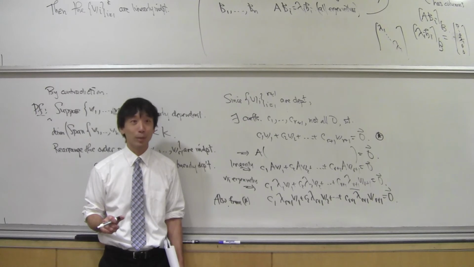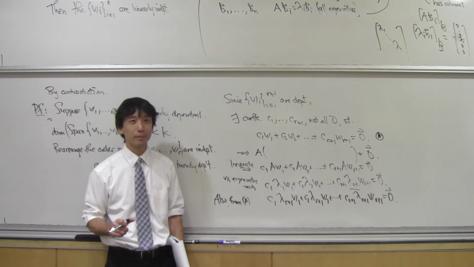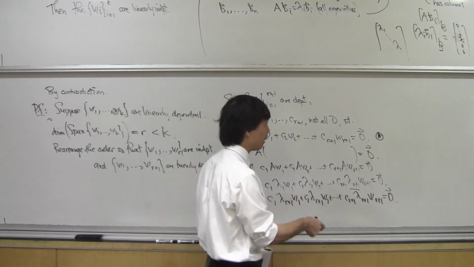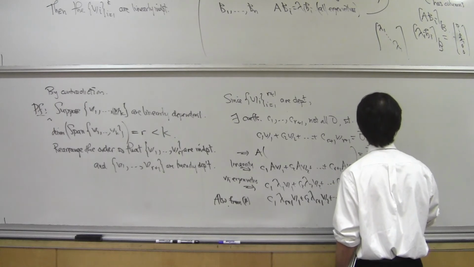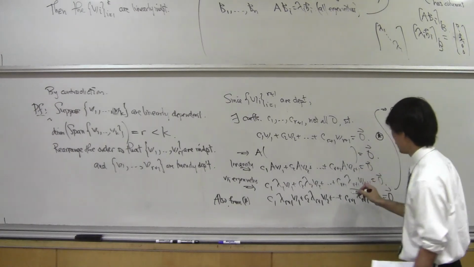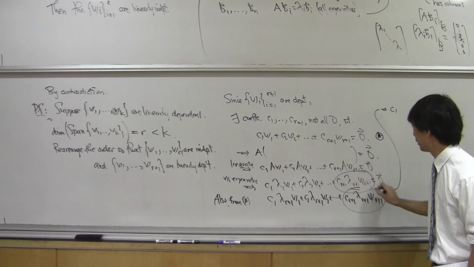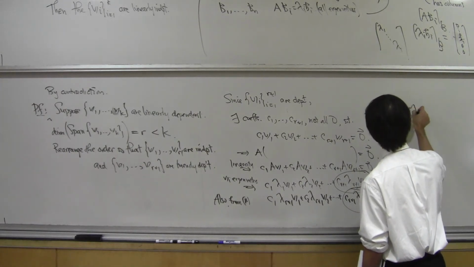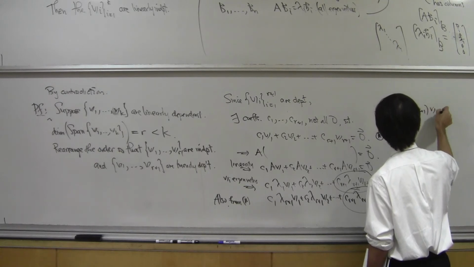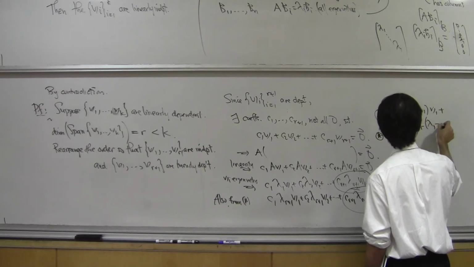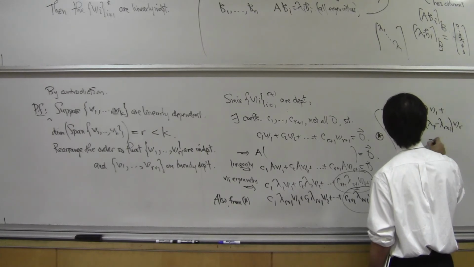What am I going to do next? Subtract. So subtract the lower from the upper. These last guys will cancel off, and we get c1 (lambda1 minus lambda(r+1)) V1 plus ... plus cr (lambda r minus lambda(r+1)) Vr equals 0.